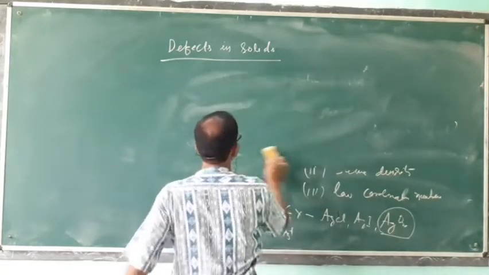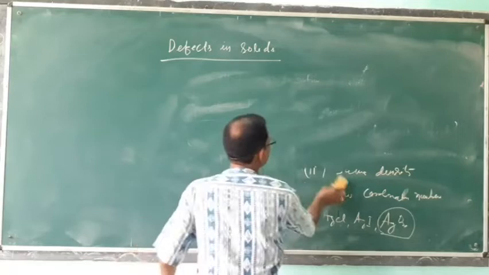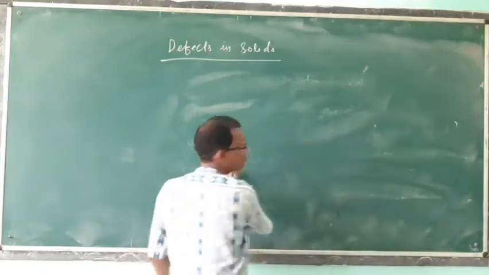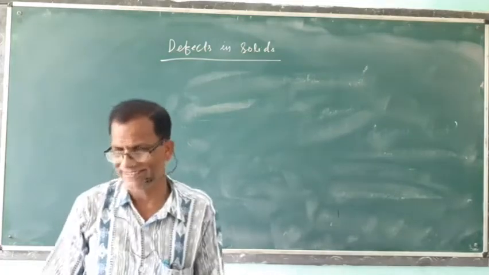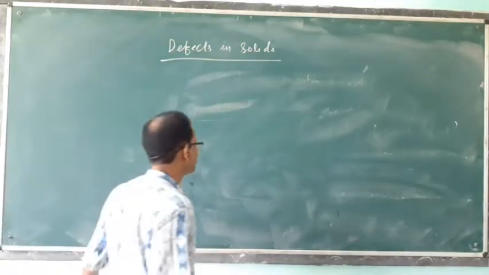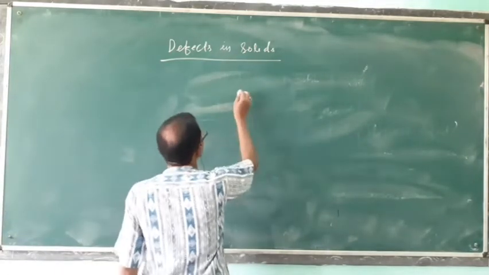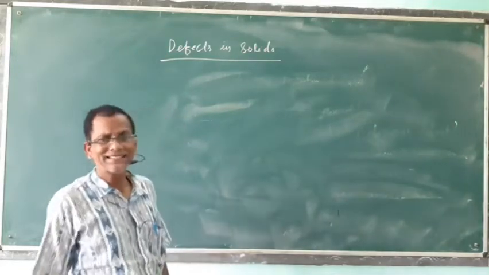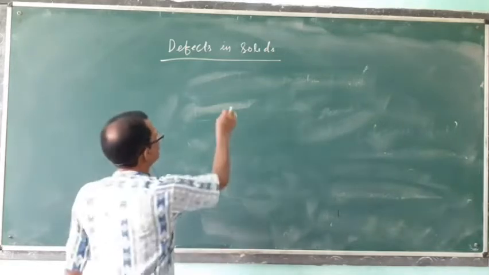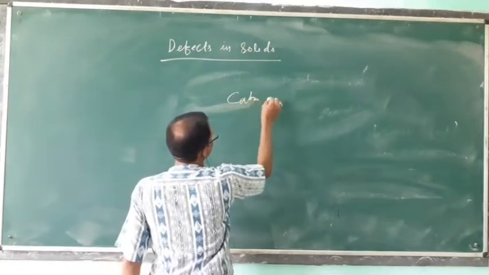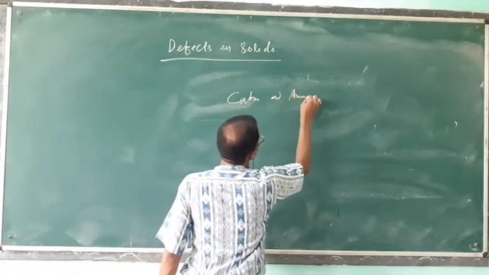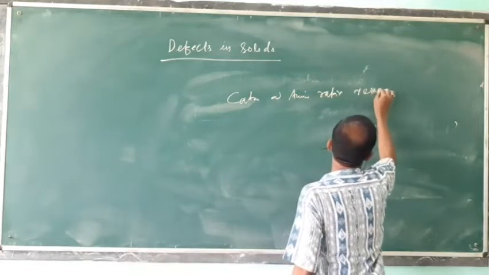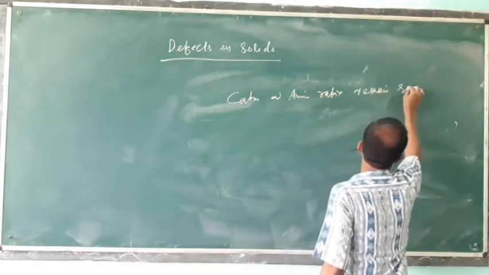This is about your stoichiometric defect. But the question is, why are these types of defects called stoichiometric defects? Stoichiometric defect means the cation and anion ratio remains the same.